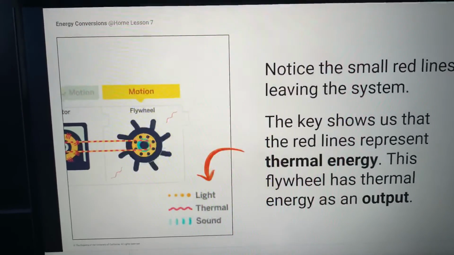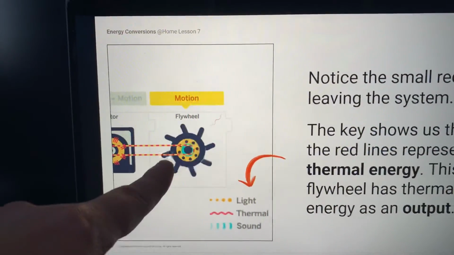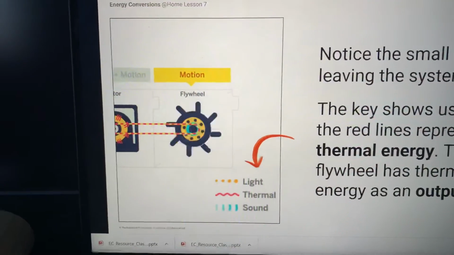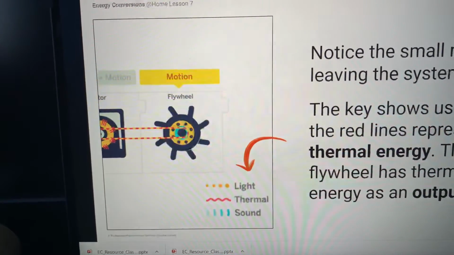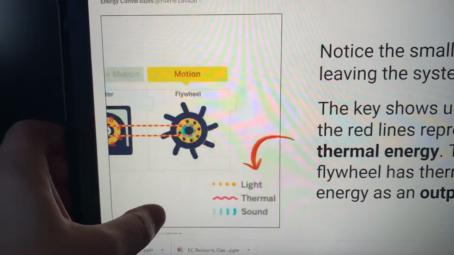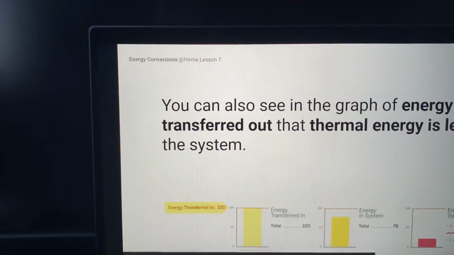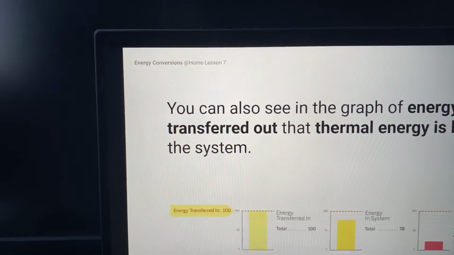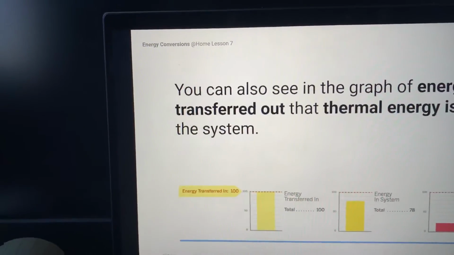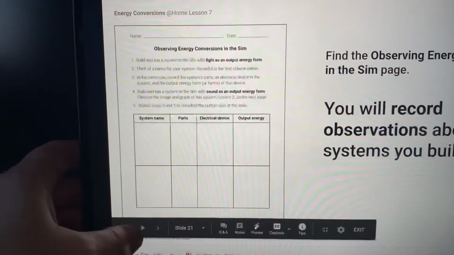The key shows us that the red lines represent thermal energy. So this flywheel right here, see the little red squiggly lines coming out of it? That means that the energy output is thermal for that part of the system. You can also see in the graph of energy transferred out that thermal energy is leaving the system.